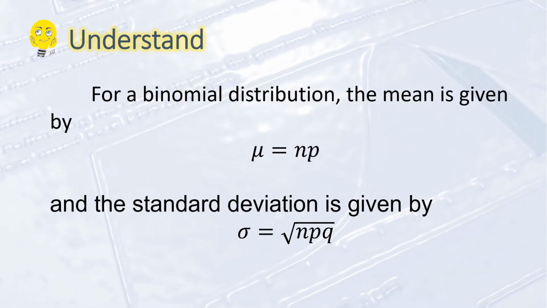And the standard deviation is given by lowercase sigma is equal to the square root of the product n times p times q, where q is 1 minus p, or the probability of a failure.